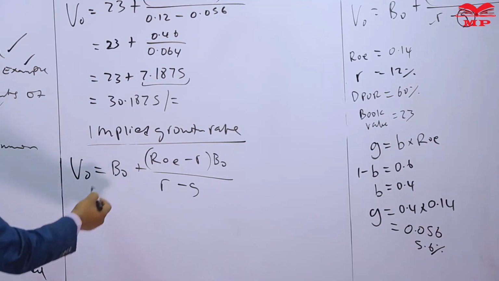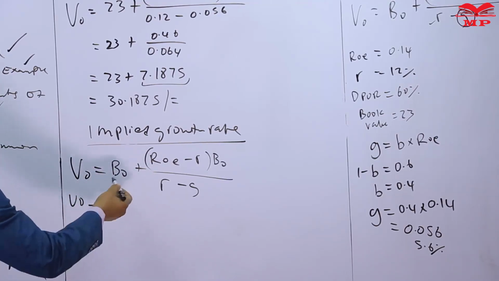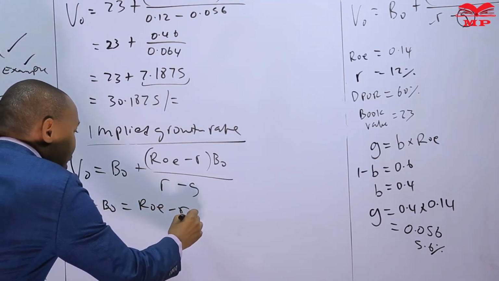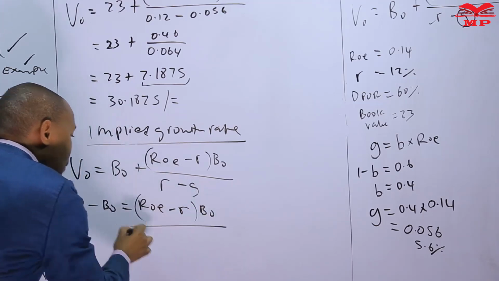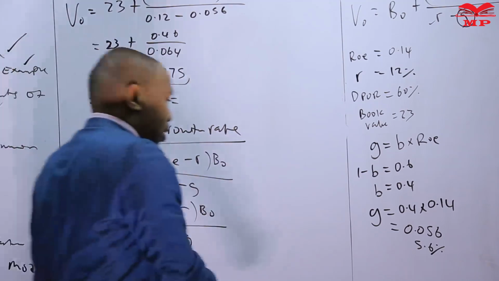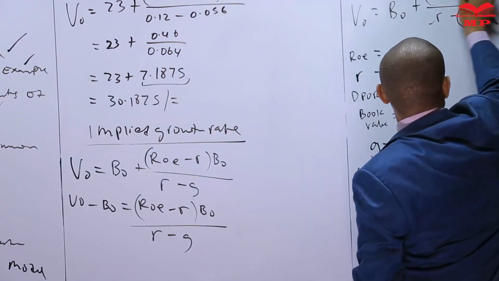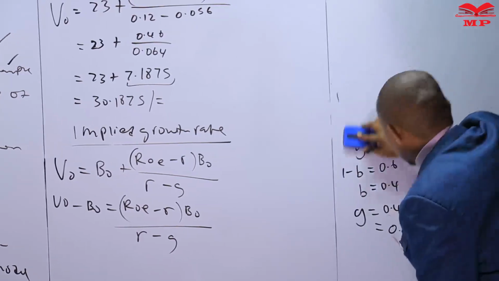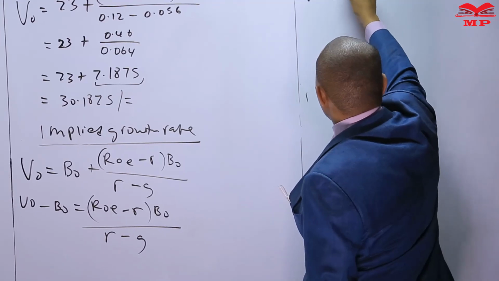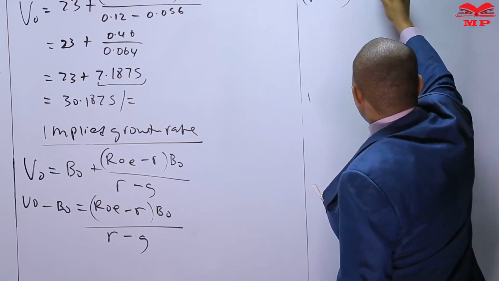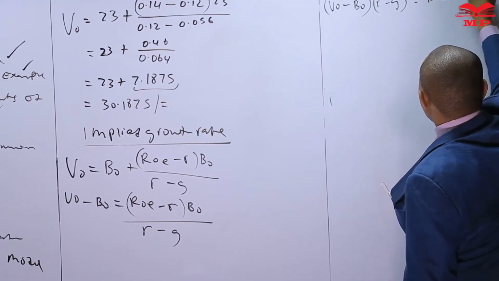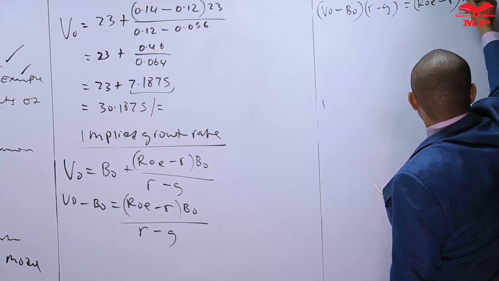Now, solving for G, we have V naught minus B naught equals ROE minus R times B naught over R minus G. So cross multiply. On cross multiplication, we have V naught minus B naught, times R minus G, equals ROE minus R multiplied by B naught.